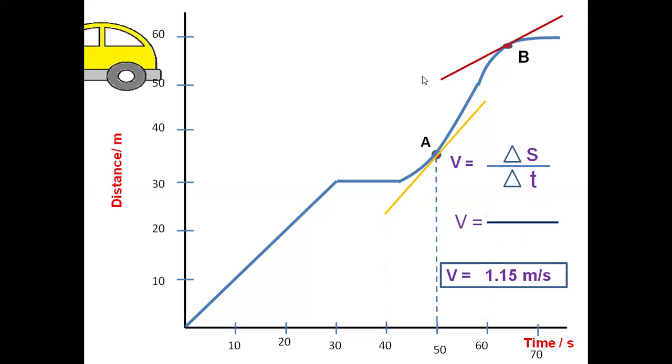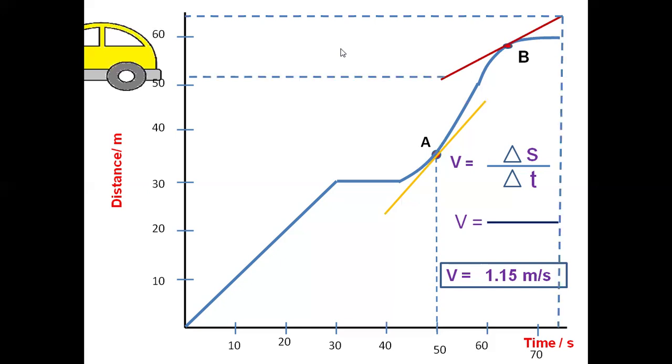Now the tangent is to be drawn at point B. And 2 points are to be chosen, y2, y1, x2 and x1. This is y2, it's about 65. And 75 is the value of x2. And 52 or 53 is the value of y1. And 52 is t1 or x1.